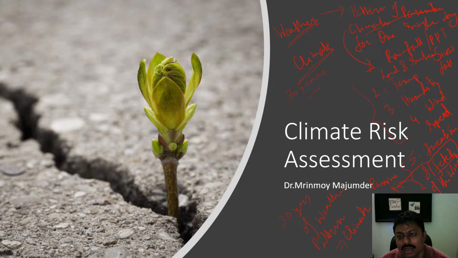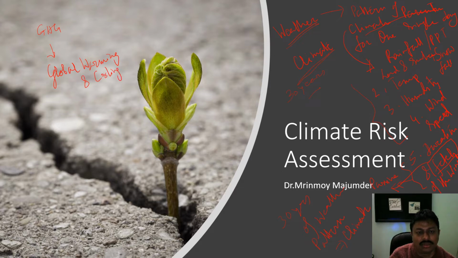And now what is happening? Due to the increase of GHGs, this climatic pattern is being observed to change in various locations of the world. Due to the increase of GHG gases, global warming is taking place in most areas of the world, and in some areas, global cooling is also taking place.